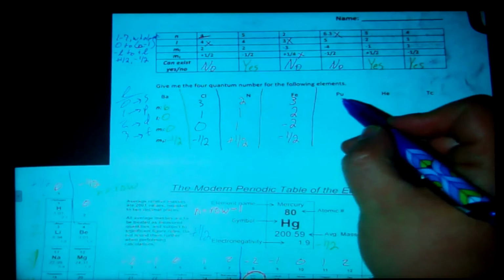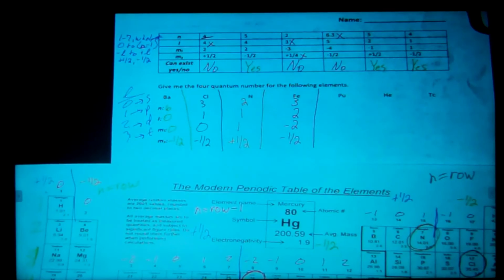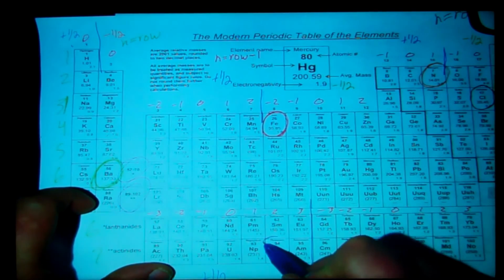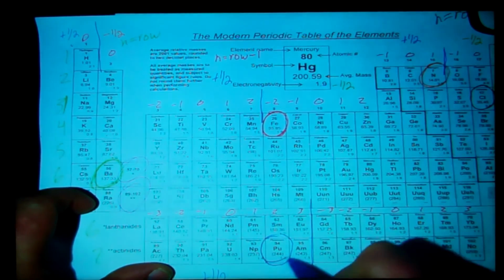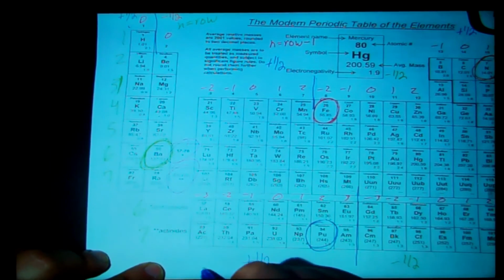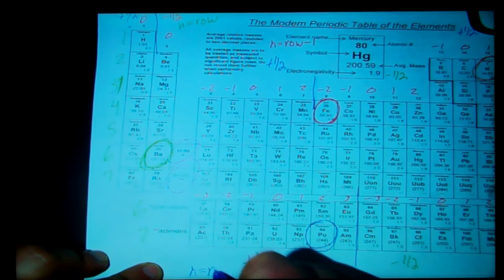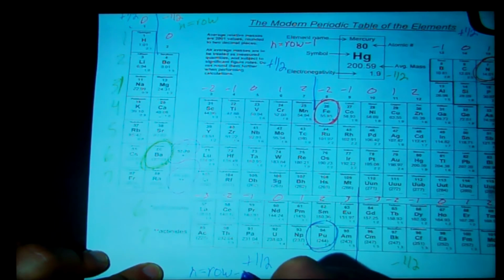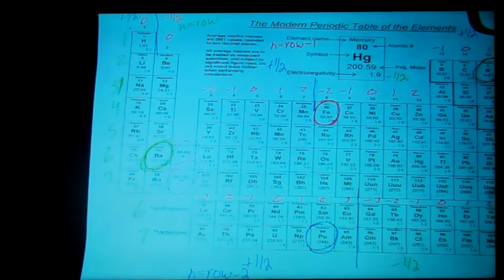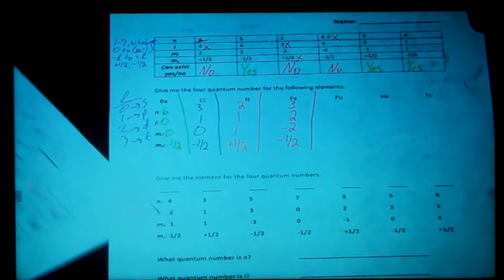Alright, let's look at plutonium. Plutonium is atomic number 94. So plutonium is all the way down here in the actinides. So it's in the F block. So remember, for F block, the N is equal to rho minus 2. So we're in the F block, so that means L has to be 3.